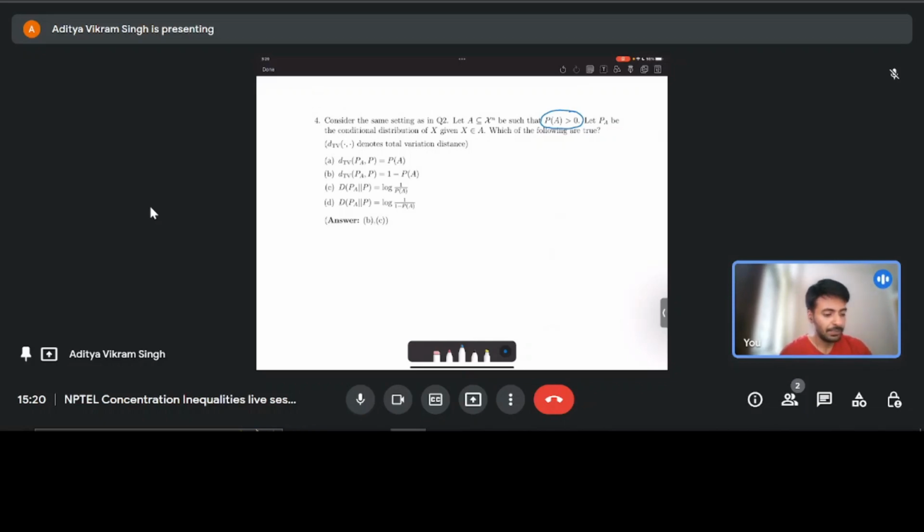So we are interested in distances between the conditional distribution and the actual distribution. So what is the distribution P?